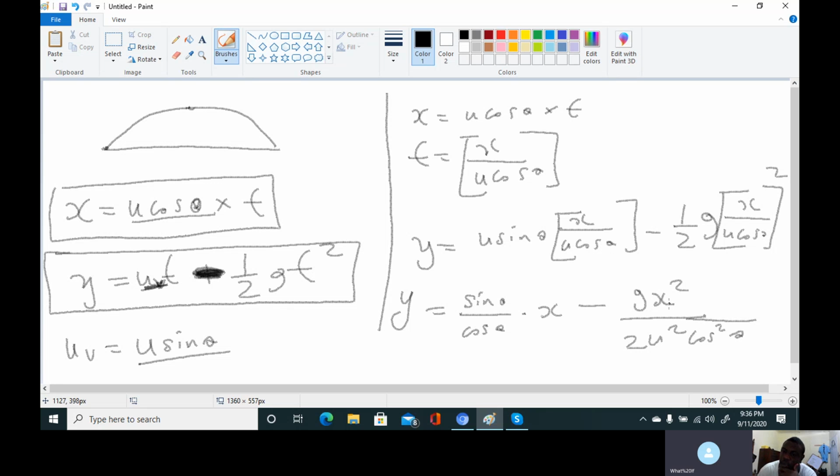So this is a parabola again because the highest term in the equation is 2. Just like in maths, when you did quadratics, this is a quadratic equation, and quadratics are parabolas. All right, so that's the concept. Leaving it like that shows that in projectile motion at an angle, the motion is also parabolic.